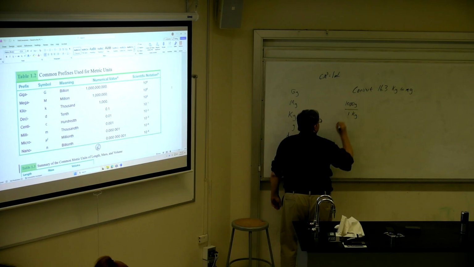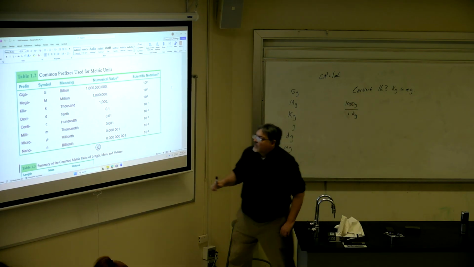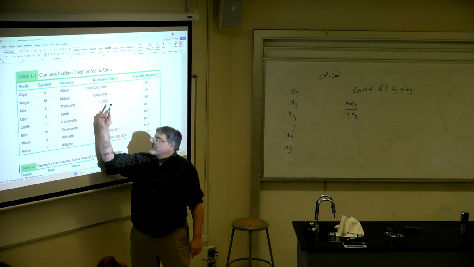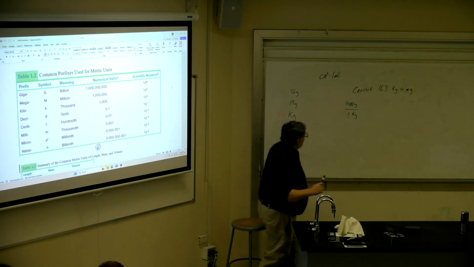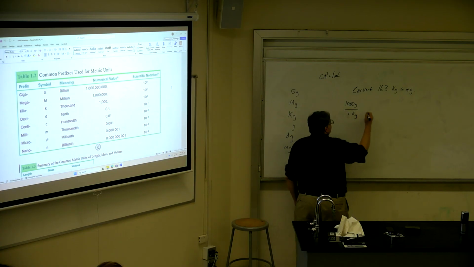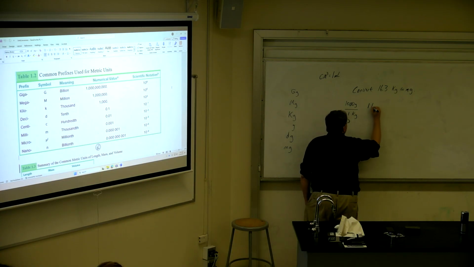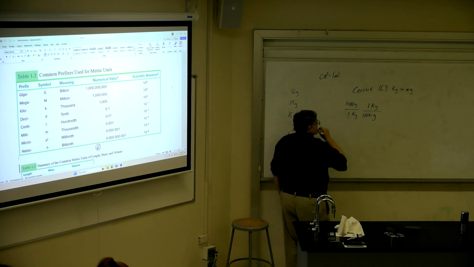So 1,000 grams, 1,000 grams is 1 kilogram. And you might use it like that, or you might use it flipped over. One kilogram, 1,000 grams. So one way or the other.